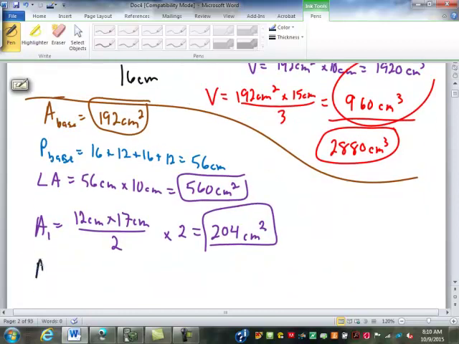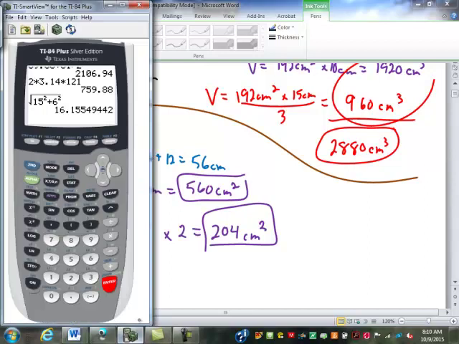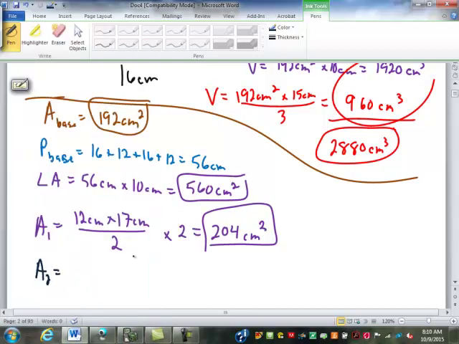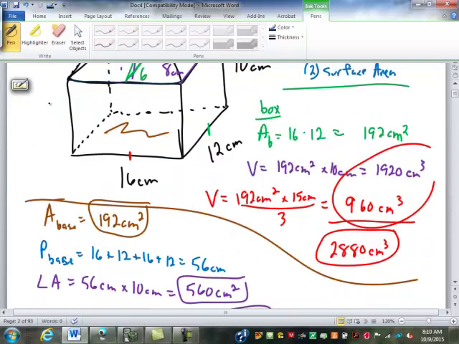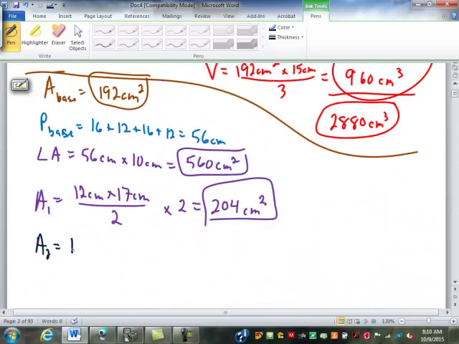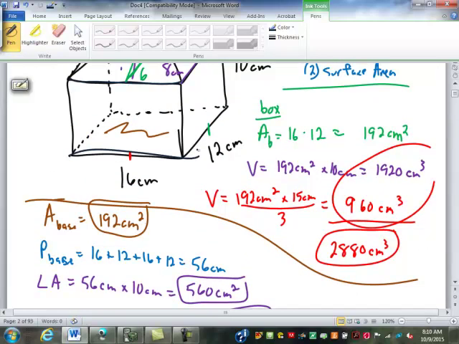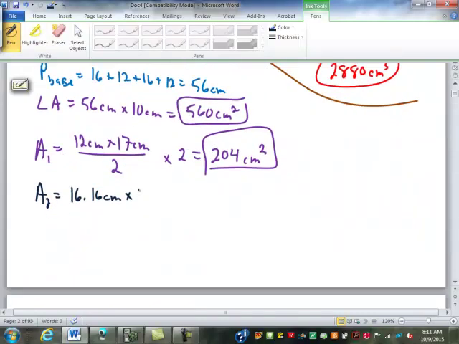So that triangle, actually should be 16.16, shouldn't it? Not 15. So that'll be 16.16 centimeters times 16 centimeters across here. Divided by 2 and then times 2, because again there's 2 of them.